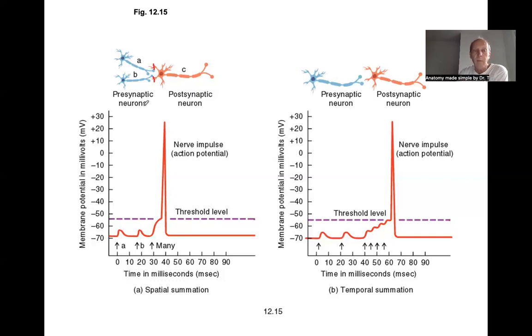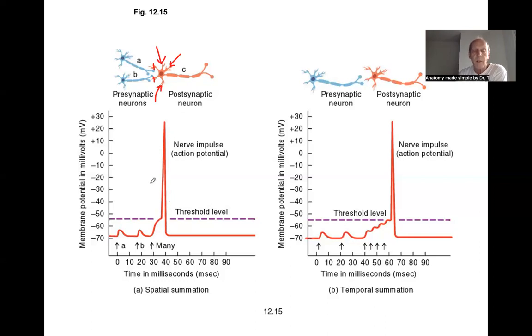Obviously, as we would have many presynaptic neurons, so we would have to add here neuron D and neuron E and neuron F that eventually would all want to influence the postsynaptic neuron. So when many of them are active, they could quite quickly charge and result in a formation of new action potential.